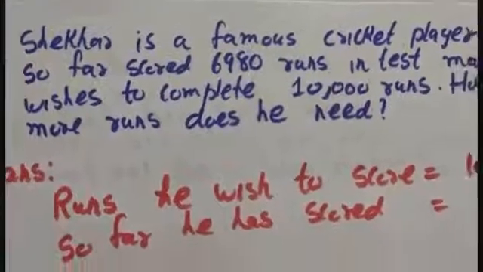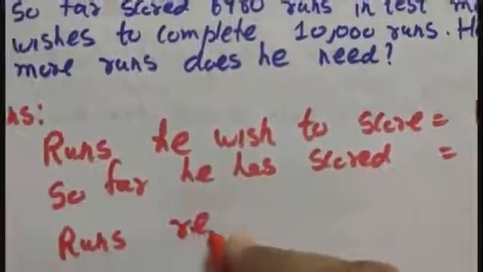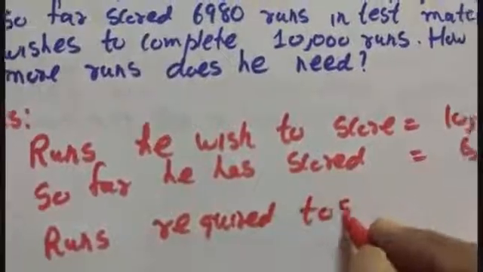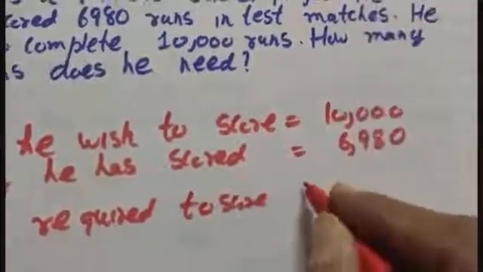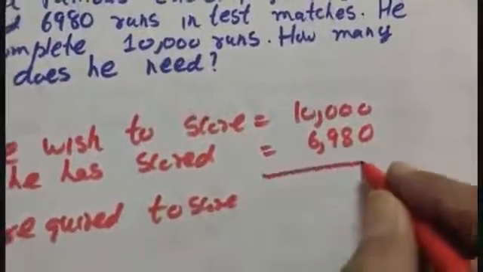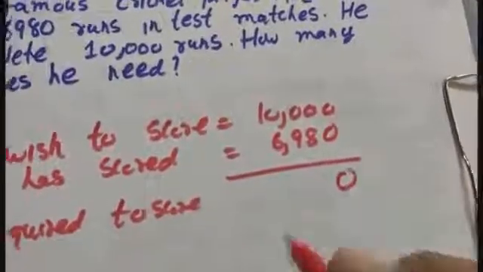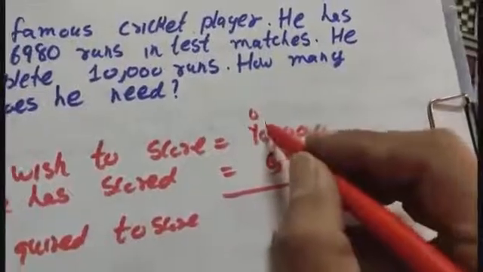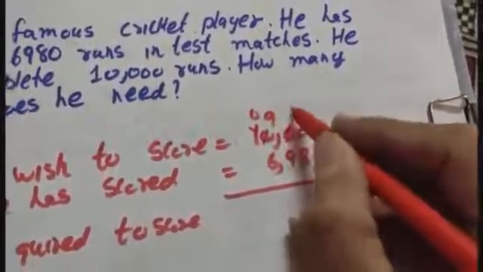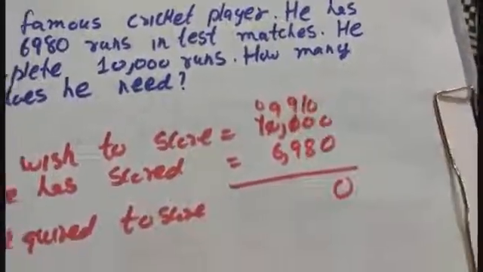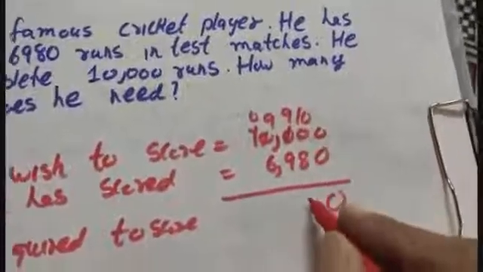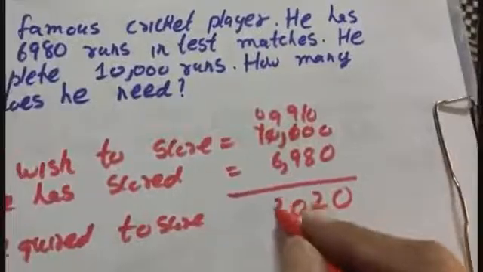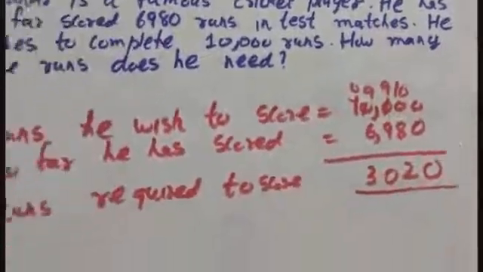Runs required, that is, we will subtract. Here it will be 0. This will be 9. This will be 9. This will be 10. So 10 minus 8 is 2. 9 minus 9 is 0. 9 minus 6 will be 3. So 3020.